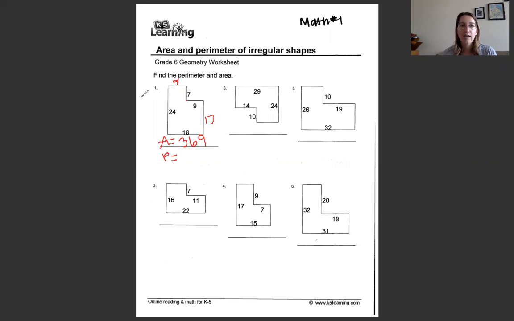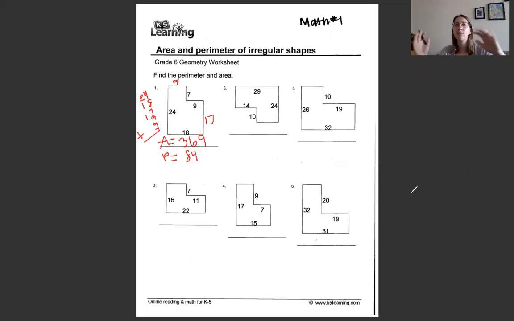So that means adding 24, then 18, 17, 9, 9, and 7 all together. And that, when you add all of that up, you should get 84 for your answer, right?